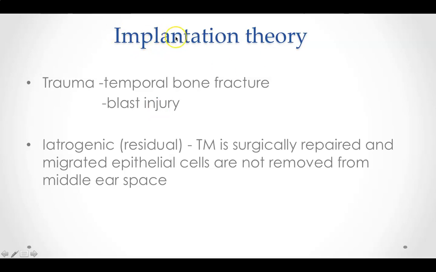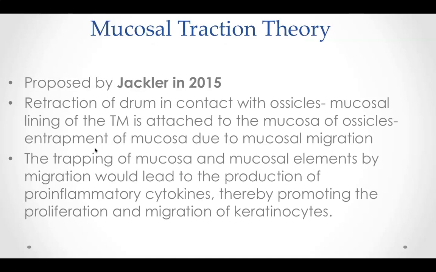So in the implantation theory, we have two causes. First is trauma, and second is iatrogenic. Iatrogenic means something which is done by a surgeon or a doctor. So the epithelial cells are left, or the tympanic membrane is not repaired completely during the surgery.